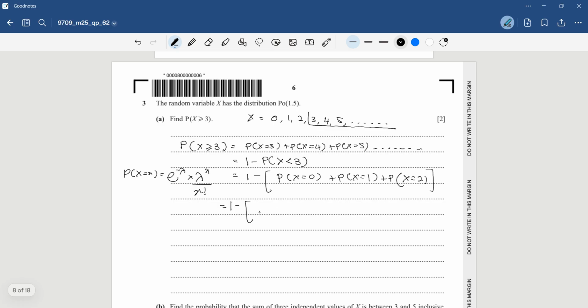So it's e power of negative 1.5 times 1.5 power of 0 over 0 factorial, plus e negative 1.5 times 1.5 power of 1 over 1 factorial, plus e negative 1.5 times 1.5 power of 2 over 2 factorial. Okay, you can press the calculator and you should get 0.